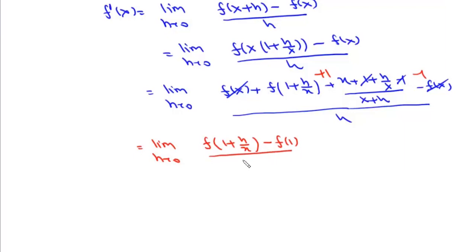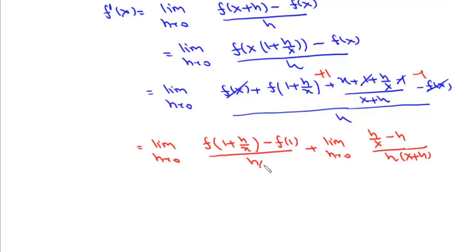So this first part will be f of 1 plus h upon x minus f1 upon h, and then plus this limit h tends to 0, and if we simplify this, we'll get this as h upon x minus h, whole divided by h, and here this is x plus h.